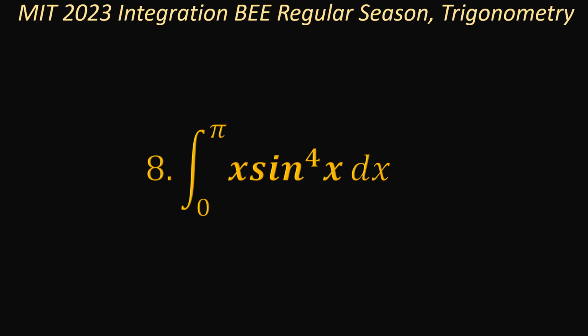So for this problem, what I'll do is first I will expand the sine to the power 4x, and so we have sine squared x and sine squared x.